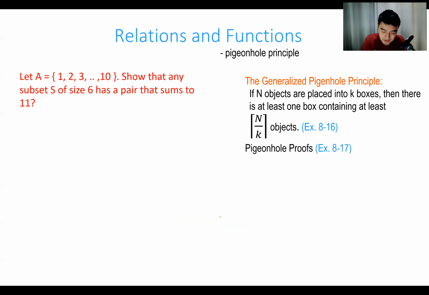Now, I said earlier that you should look for the word same in our statement. Here I don't see the word same, so we have to guess at what the box is. What similar characteristics do we have about these objects? And it seems here that what we're looking for is a pair that sums to 11, right? So I'm going to say that the boxes are the pairs that sum to 11.